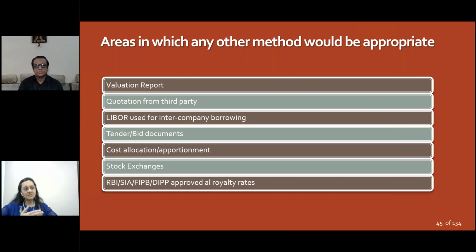How can you say that this machinery was bought at arm's length price? You have a chartered engineer's certificate or valuation report. So valuation reports tell you the price that could have been charged or would have been charged between unrelated parties in an uncontrolled scenario. So these valuation reports would fall under other method.